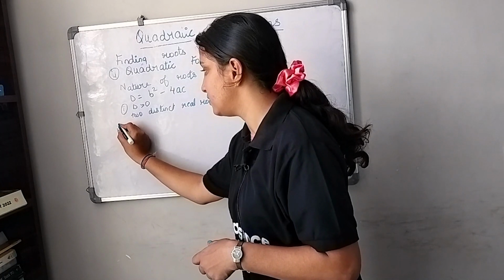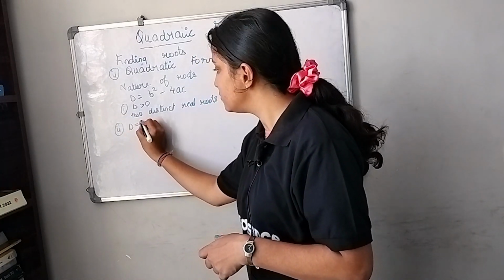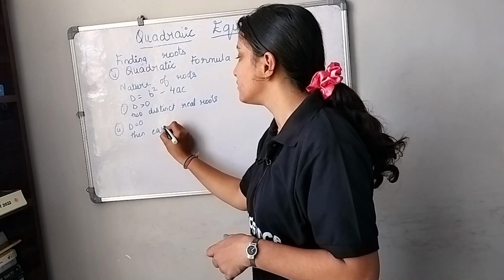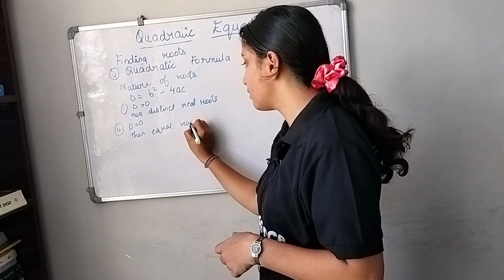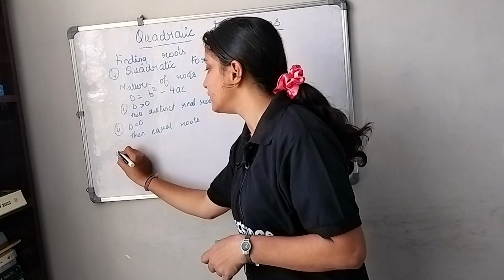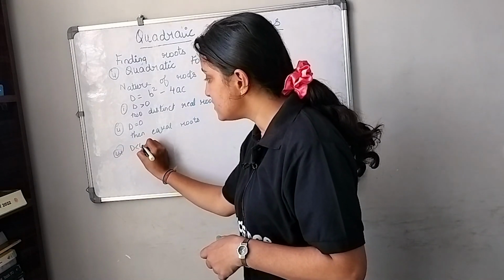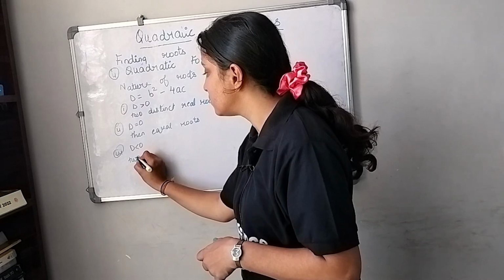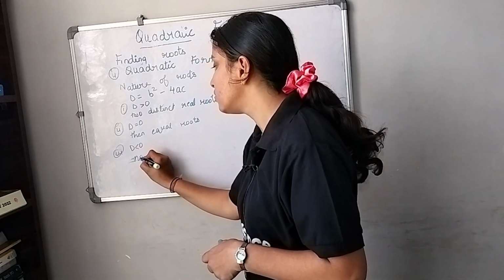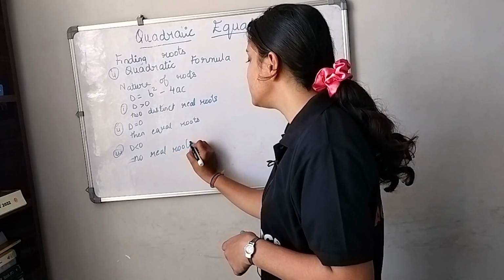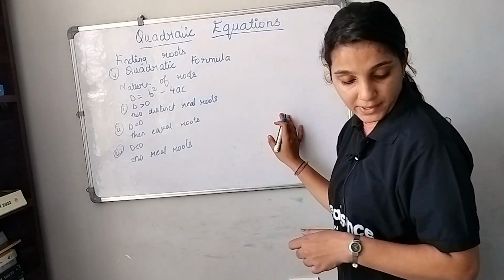If D is equal to 0, then equal roots. Third, if D is less than 0, then no real roots.